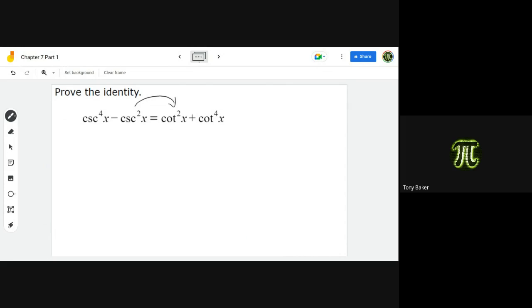Can you factor out exponents? Yeah, you can factor things out like that.